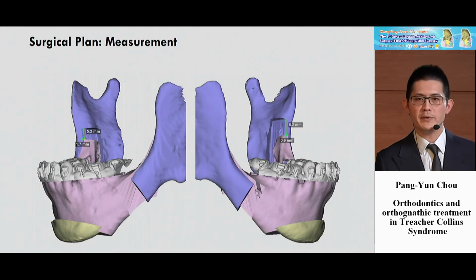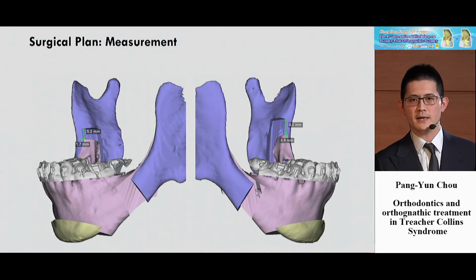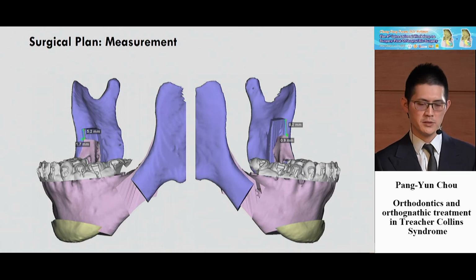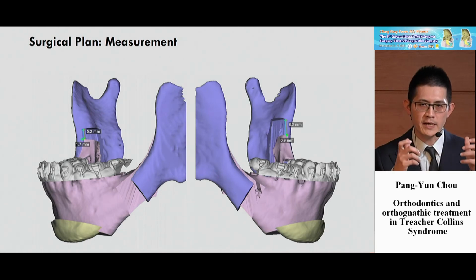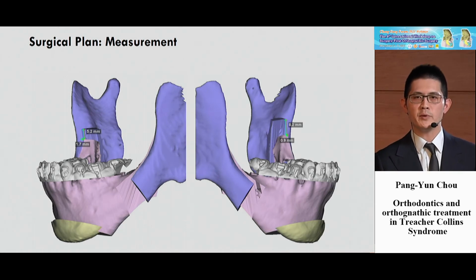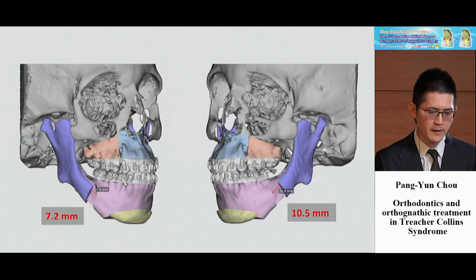And in the mandible as well, following the maxilla, the mandible was designed as a maxillomandibular complex counterclockwise rotation, including the bilateral distal segments, downward and advancement. The final touch-up procedure will be completed with advancement genioplasty.